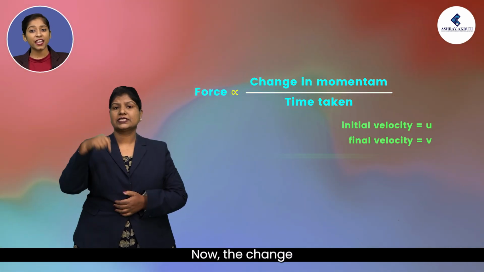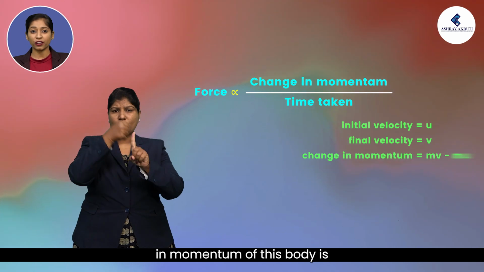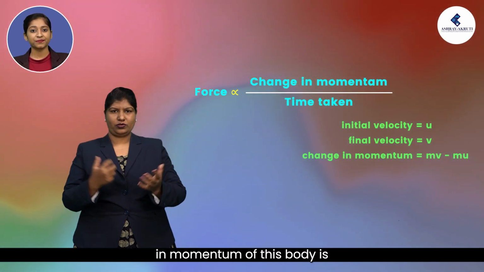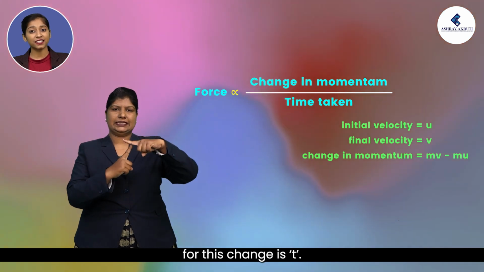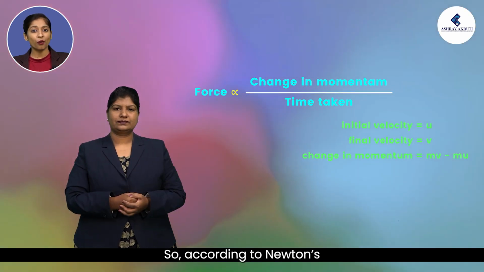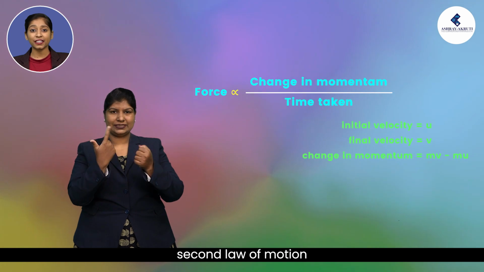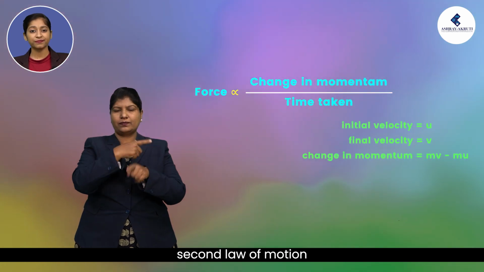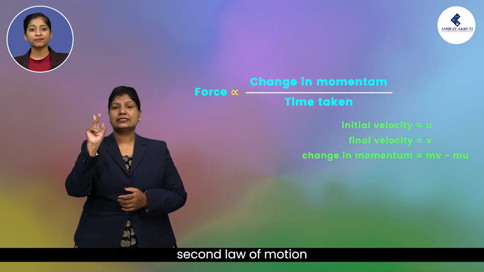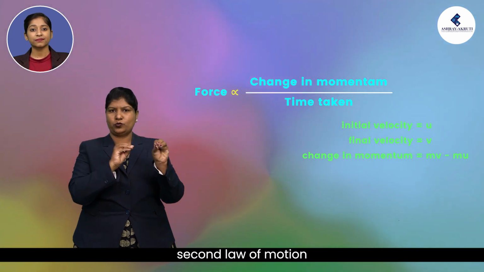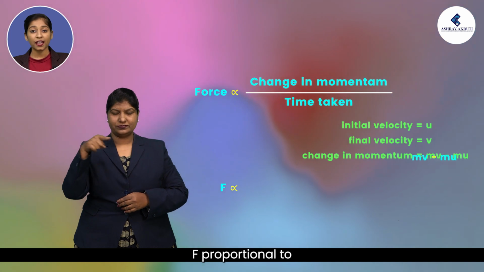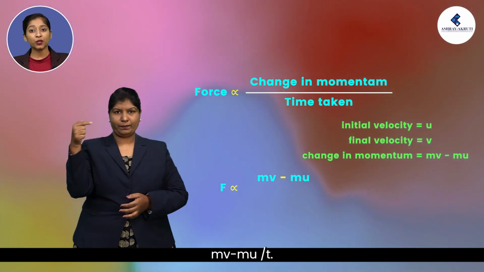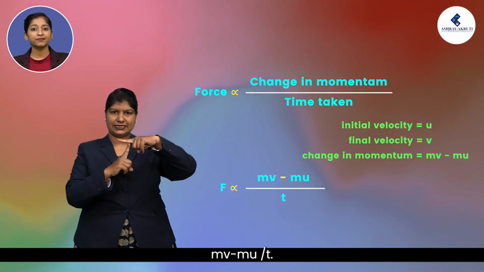Now, the change in momentum of this body is mv minus mu, and the time taken for this change is t. So, according to Newton's second law of motion, F proportional to (mv minus mu) by t.